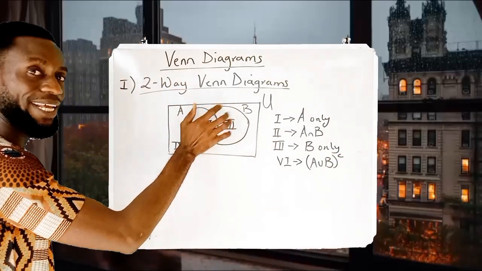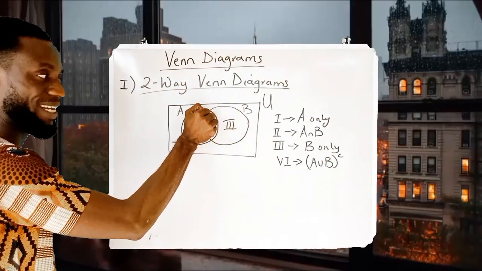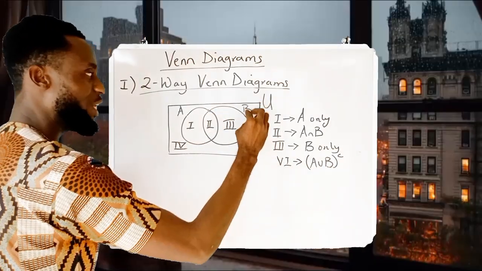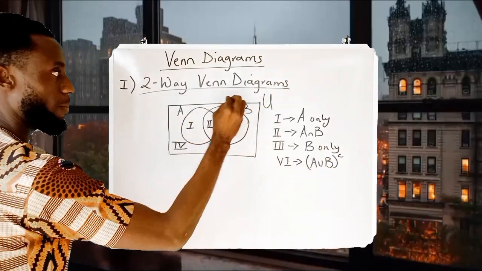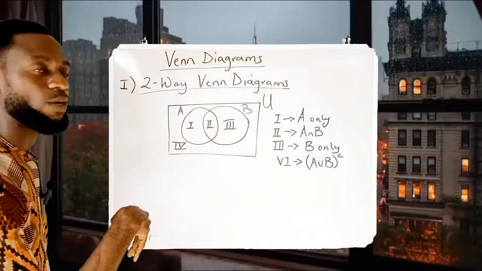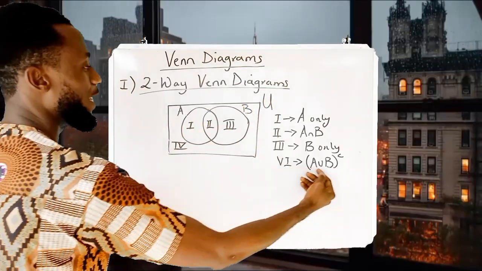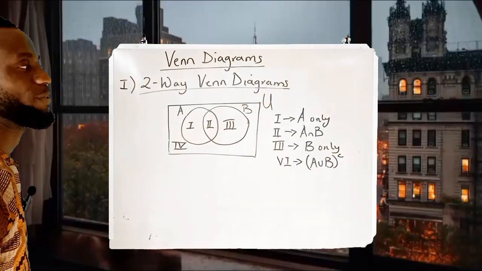If you combine A and B together, that's what we call A union B. Then any region outside that becomes the complement of A union B. That means what they don't have. So A union B complement.